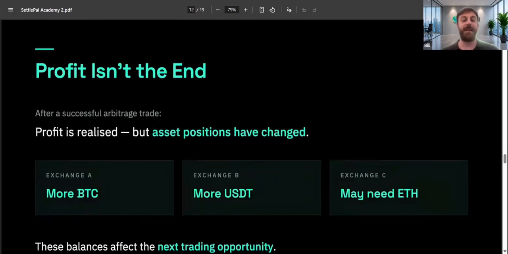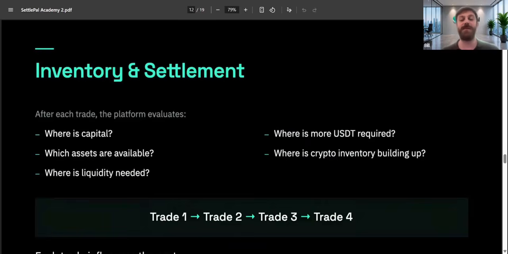And this is where inventory and settlement become really important. After each trade, the platform has to evaluate: where is the capital, which assets are available, where is liquidity needed, where is more USDT required, where is crypto inventory building up, and what position best prepares the platform for the next opportunity.